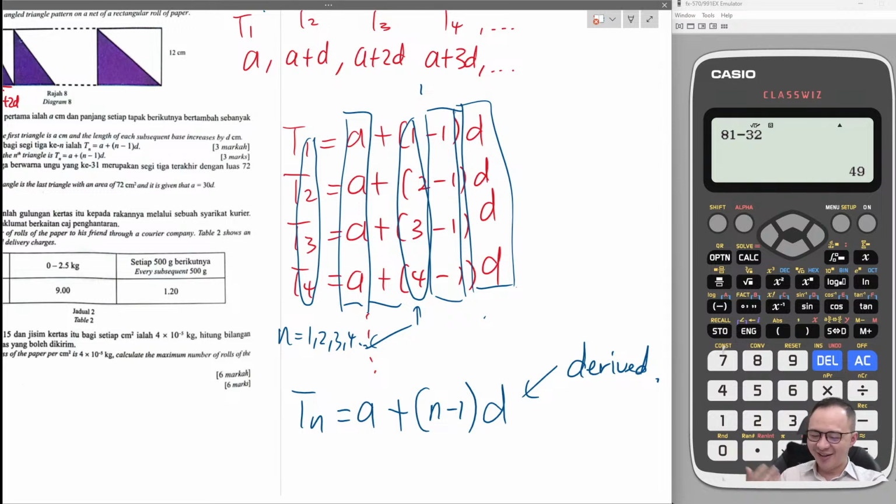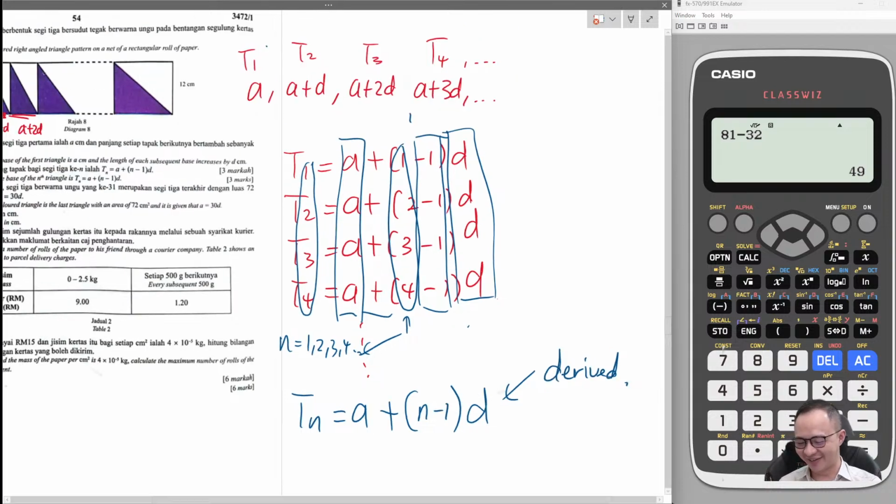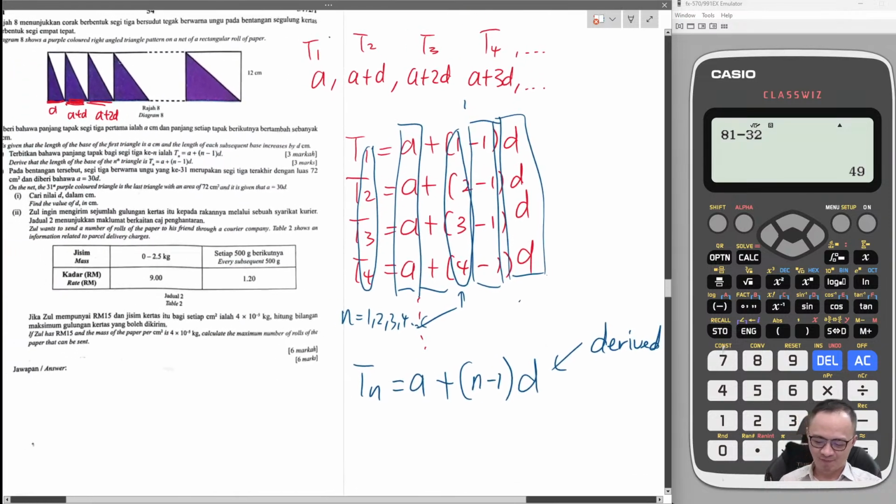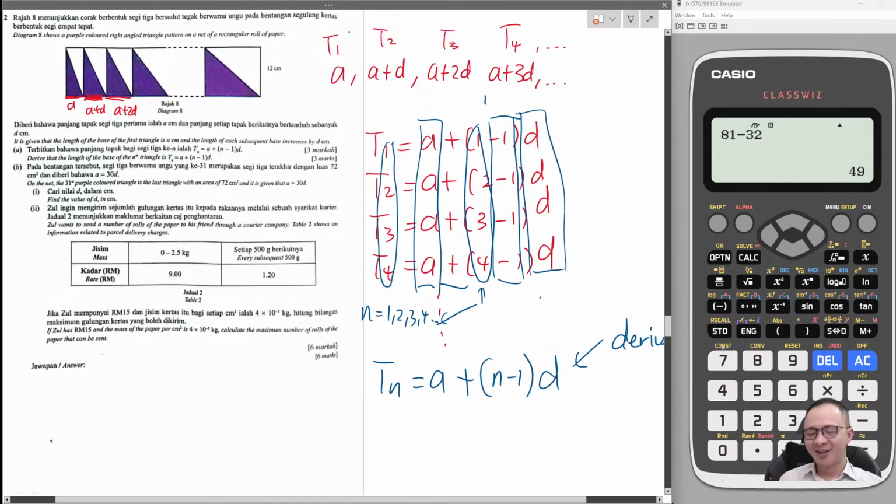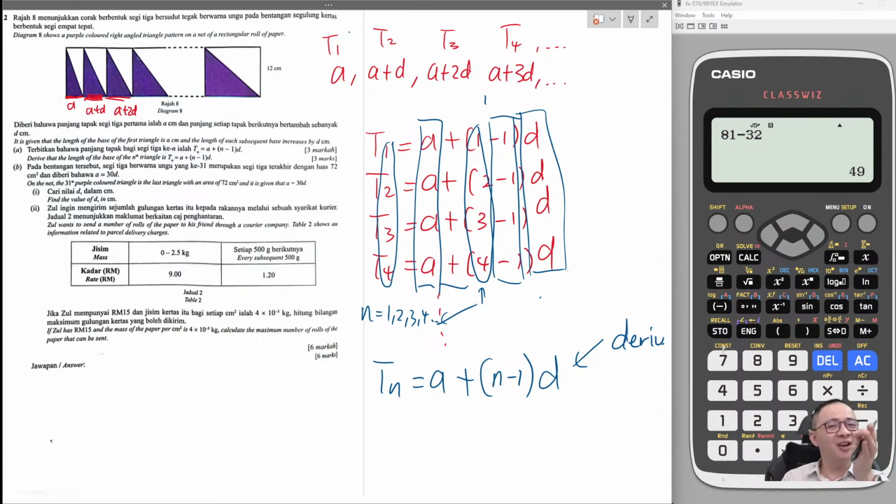I would say this is kind of nonsense here. I don't know. I don't like this kind of question. I heard one of the teachers actually tell me, if you see any derived formula in your current textbook, then it will come out in SPM. Because so far I have never seen your textbook before.